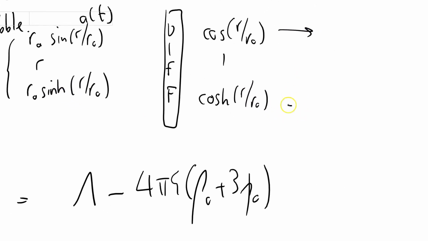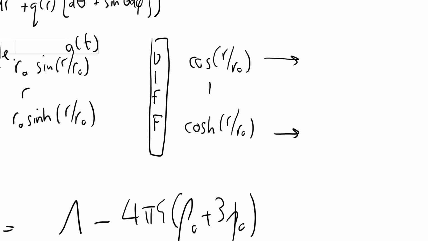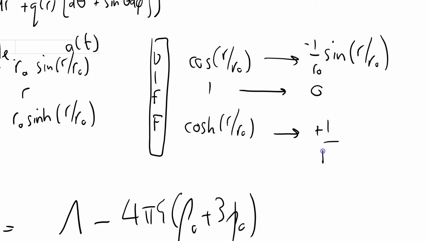And then we'll differentiate it again to get the differential of cos is minus sine, so it's minus 1 over r0 sine r over r0. And the differential of cosh is sinh, so the middle one goes to 0. And this is plus 1 over r0 sinh r over r0.